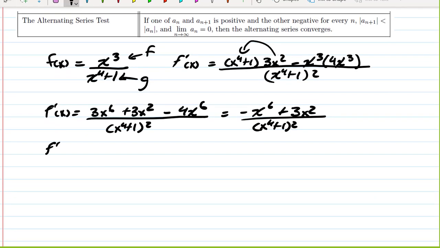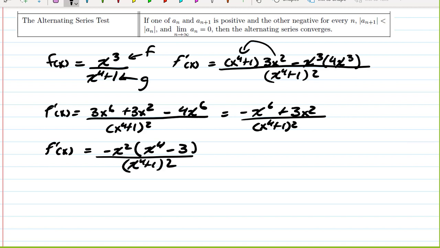If we factor out a GCF of negative x squared, we would have negative x squared times positive x to the fourth minus 3 all over x to the fourth plus 1 squared.